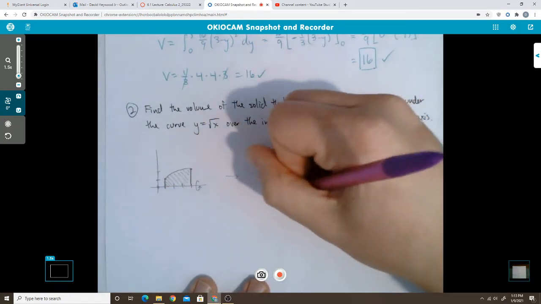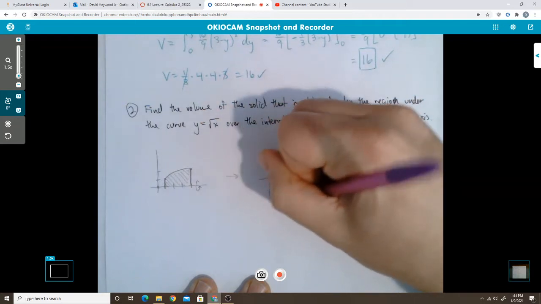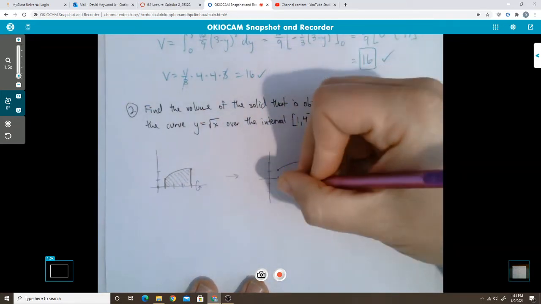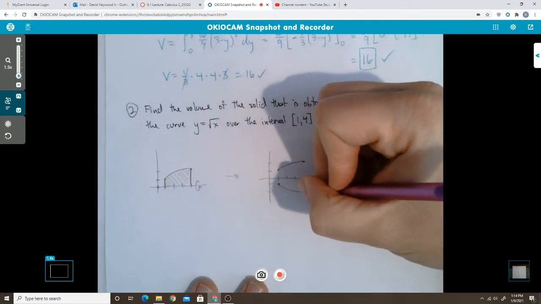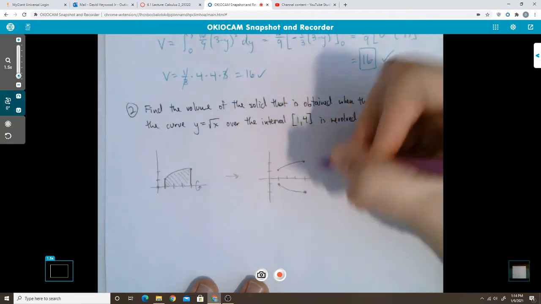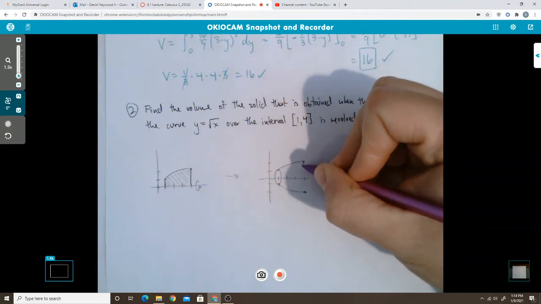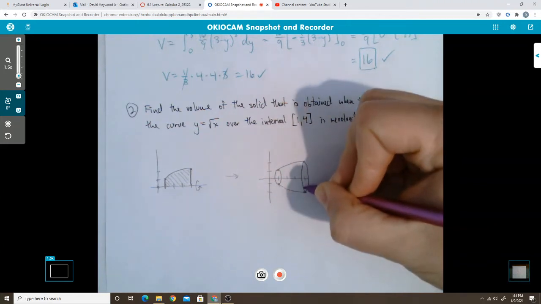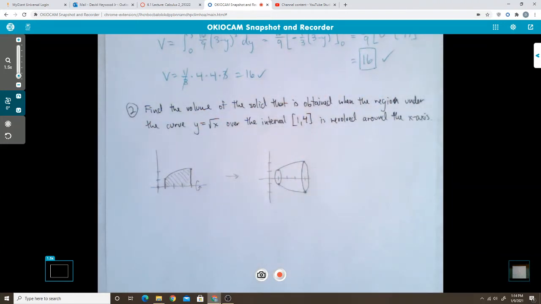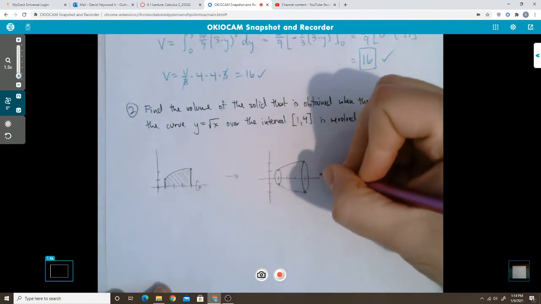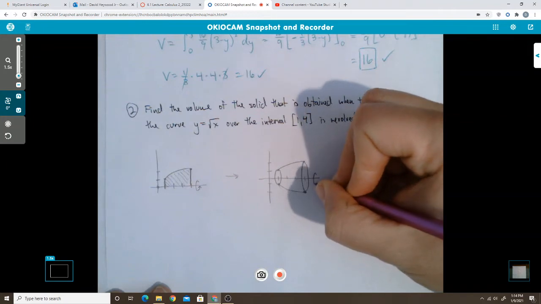Oh, that was poorly done. Good thing I'm using a pencil. Okay, so you get something like this, and you're revolving it this way, right? So this is the picture that you get when you revolve it around the x-axis.